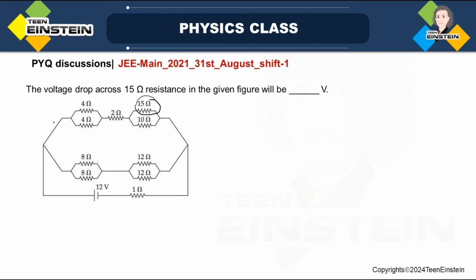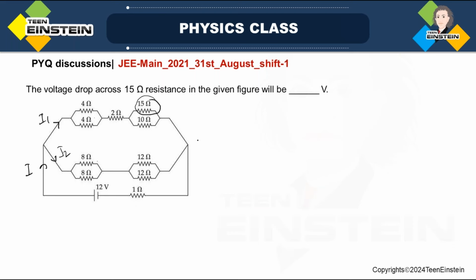First of all, I have to find out what is the current flowing through these two branches. At least I need to know what is the total current first. Okay, total current. And then I need to know what is I1 flowing through this branch, that will flow through this whole branch itself. Okay, so I1 and I2, those are the things we can actually find out.